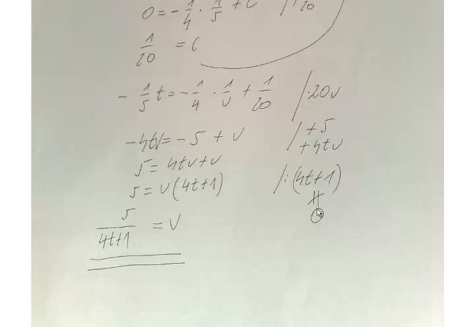It's not 0, we get that v is equal to 5 over 4 times t plus 1.